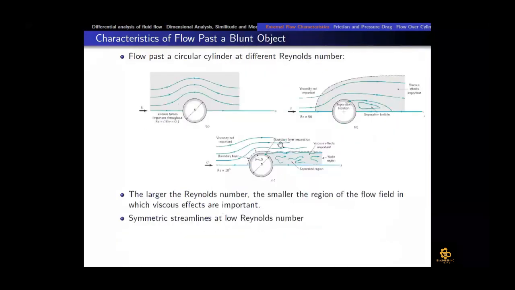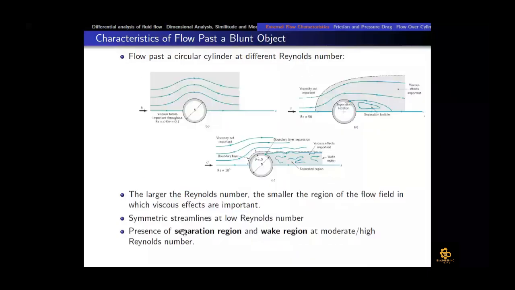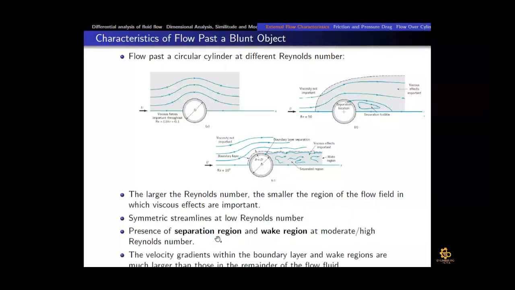Right. So with this discussion, the separation region and wake region, I have shown you on the whiteboard as well by marking those regions, and the presence of separation region and wake region at moderate to high Reynolds number. The velocity gradients within the boundary layer are larger when we have higher Reynolds number, because if this area is thin, it means that the velocity is changing from 0 to the maximum value in a very thin region.